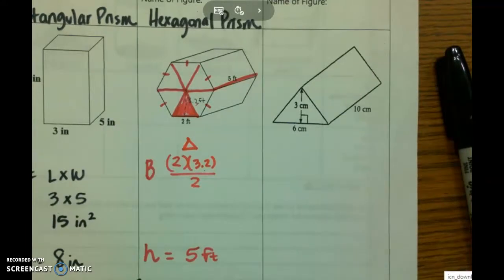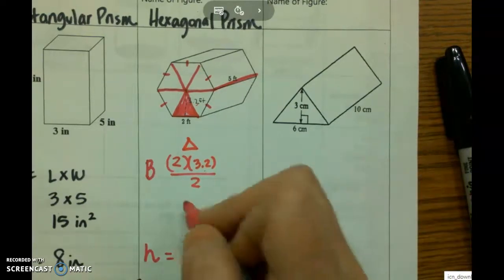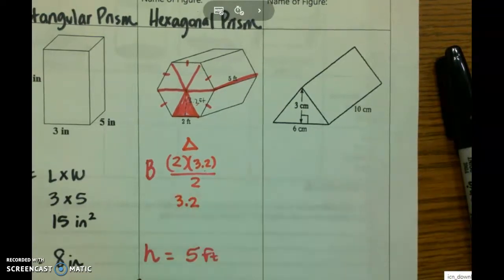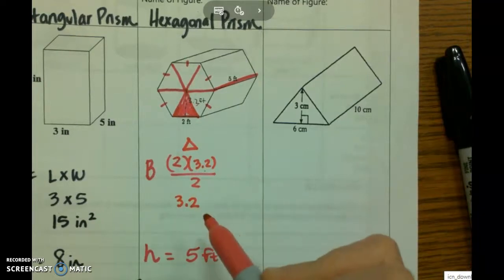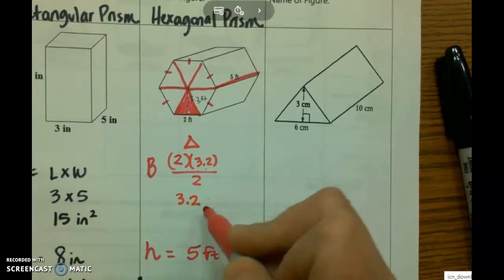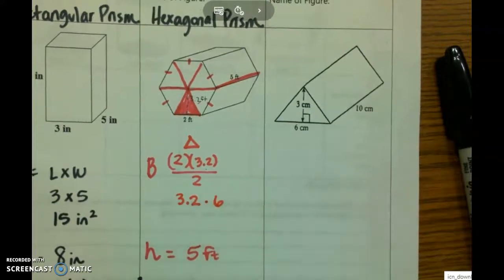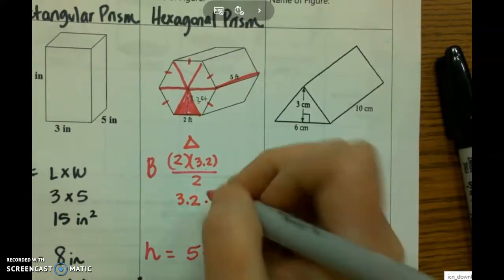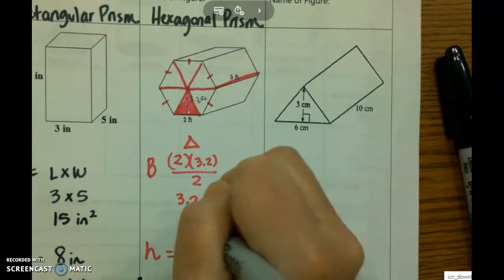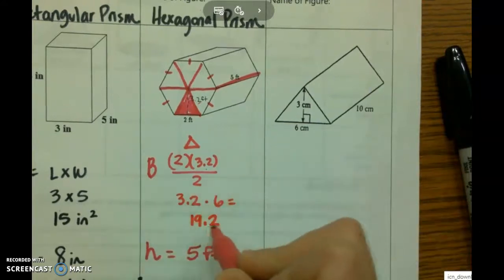Okay, so when we do that, we get 2 times 3.2 divided by 2, we get 3.2. Okay, so that's now the area of one triangle. So now we multiply that by 6, and we get 19.2. So that is B. Okay, that's the area of our base.